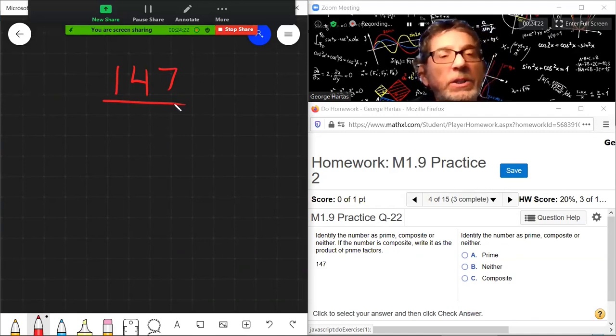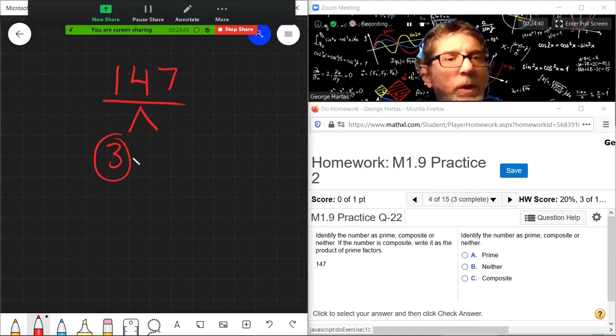So let's go to the next prime number for divisibility, and that's the number 3. So let's add these digits. 1 and 4 is 5. 5 and 7 is 12. Aha. So 3 times something is 147 because of the divisibility rule, right? 12 is divisible by 3, so 3 goes into 147. Now, quick and dirty, nothing fancy.